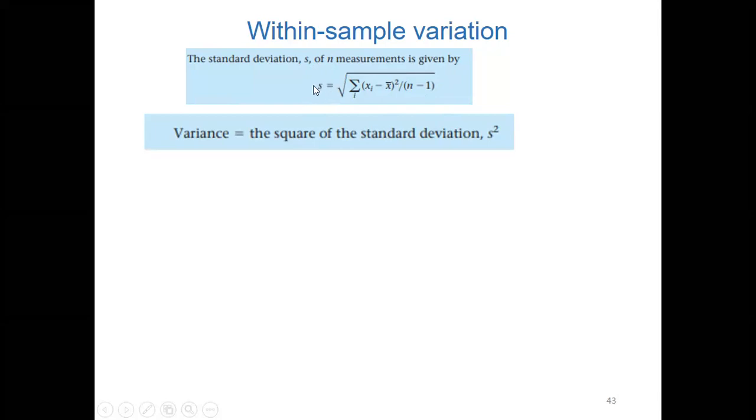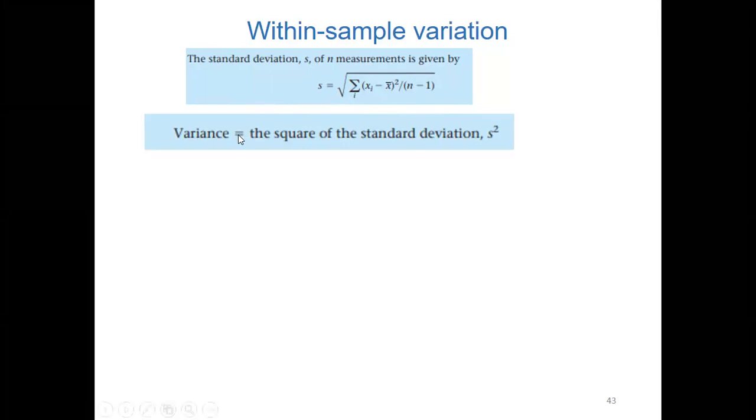Suppose we are calculating population standard deviation. When it is population standard deviation, instead of S, we have to have sigma. And here, instead of n minus 1, we take n, number of measurements. It's because of the population. Here, in population, we have a large number of samples. We discussed that in detail last week.